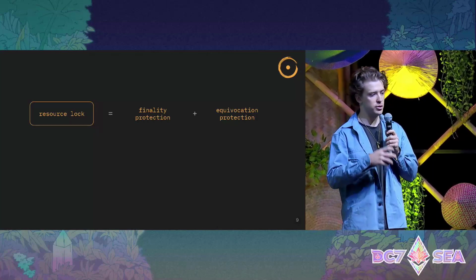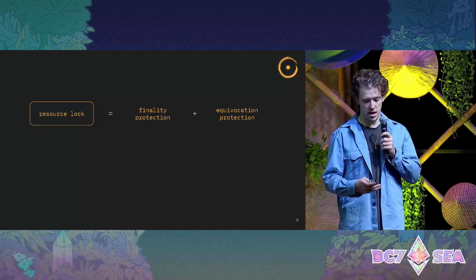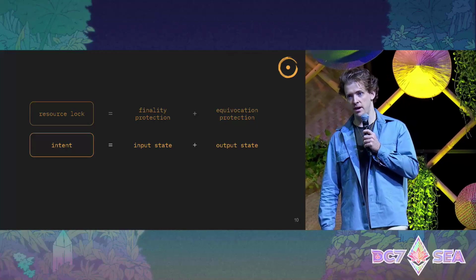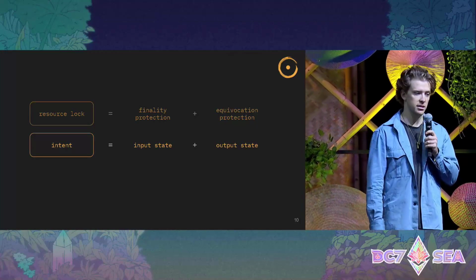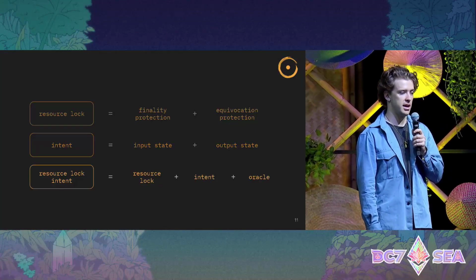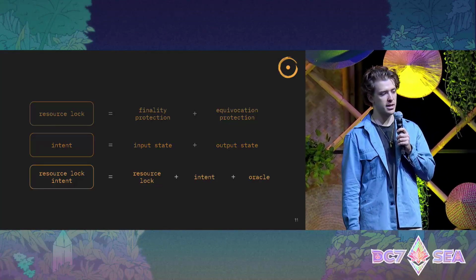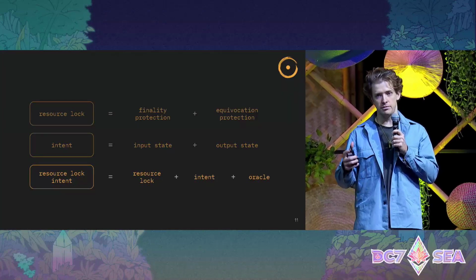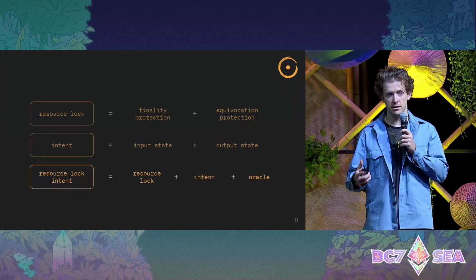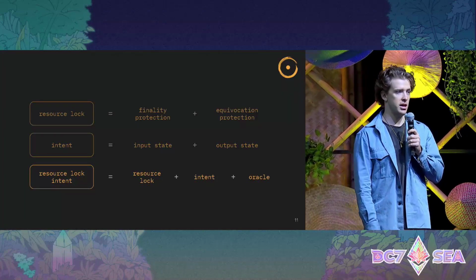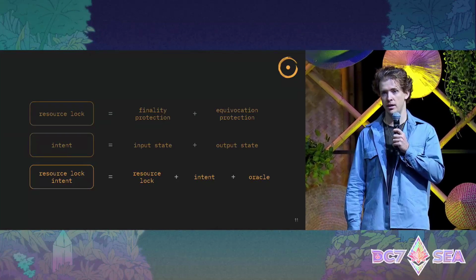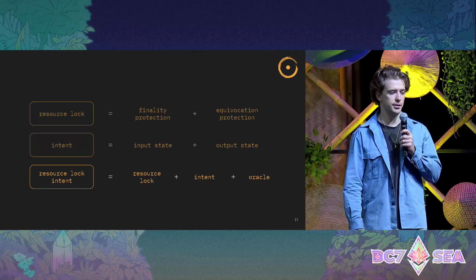So if you abstract away the concept of these two things, and then you add them up with the concept of an intent, which is specifying input state and output state, you can achieve something that we refer to as resource lock intents. And so this is what we believe is a fundamental messaging format for anything that will be cross-chain if we want all of Ethereum and all chains to operate as a unified component.